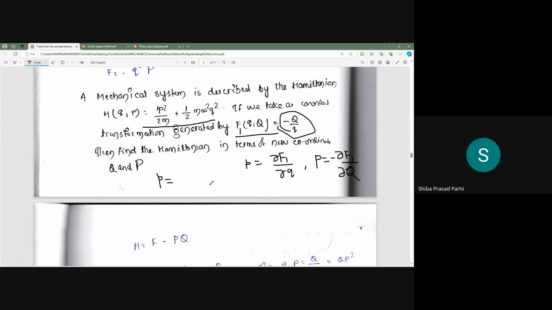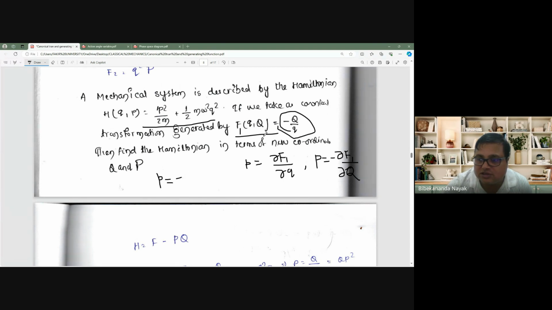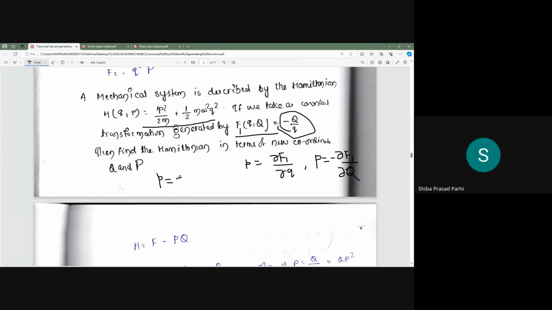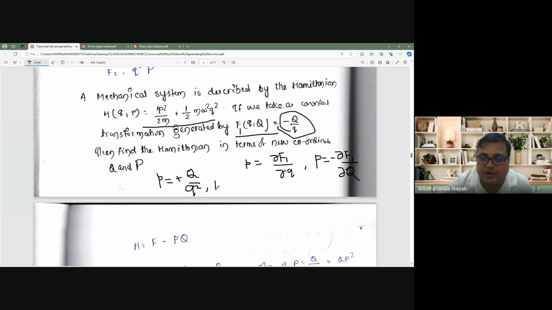Minus q by q square, sir. Minus plus q by q square, capital Q, small q. Okay, then what is capital P?